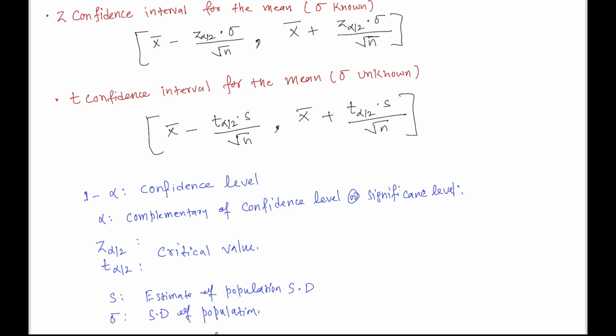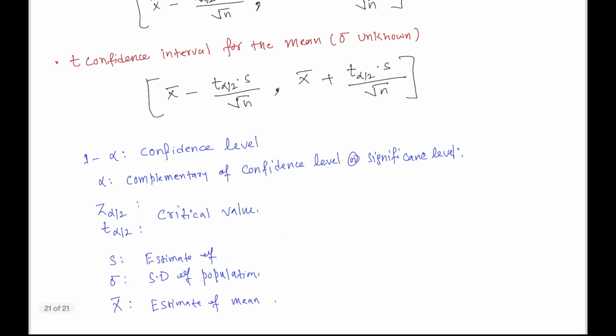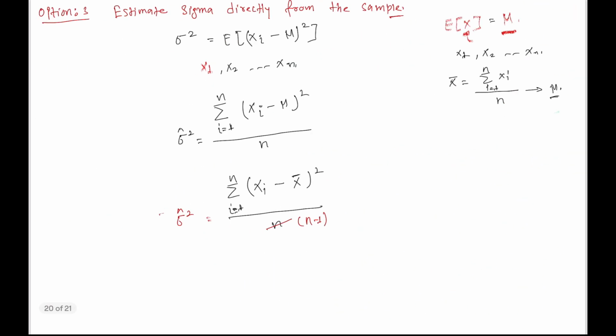And one more thing I want to mention is this. This is the estimation of the standard deviation, right? You will have the sample and you are going to estimate the standard deviation this way, right?